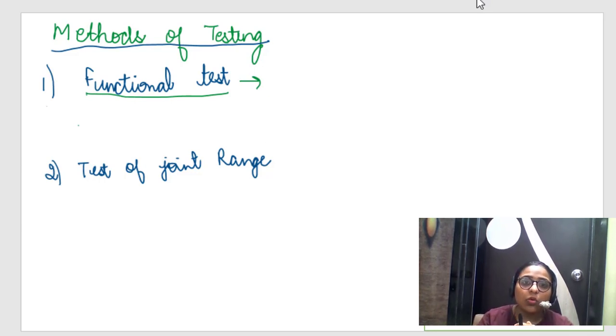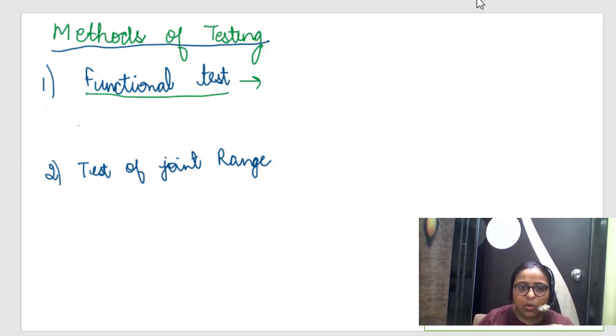What are the priorities of the patient which we have to focus on, and what are the other things that we can delay? We have to first treat the priority things, and then follow the other things. These come under your functional test.